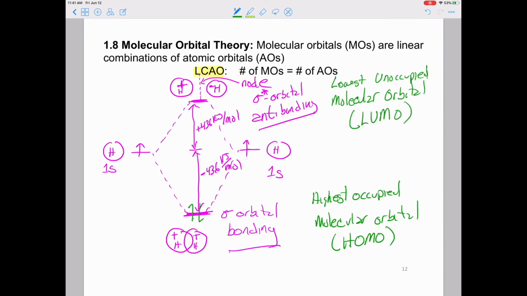Okay, now some of you may be wondering, if the antibonding orbitals are empty, what good are they, and why do they have to be there? Well, first, the math requires that they're there, and second, the antibonding orbitals are very important in explaining molecular properties and reactivity, and we will be developing this as we go through the course.